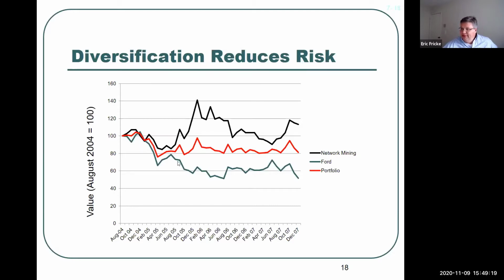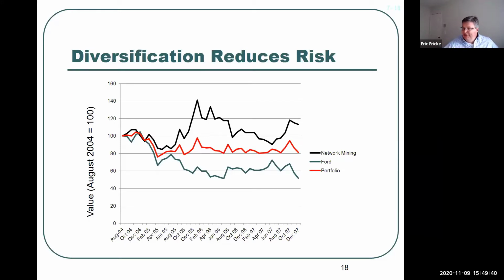The green line on the bottom, that is stock 2, and think of that as Ford. And then the red line is basically a 50% portfolio composed of those 2 stocks.